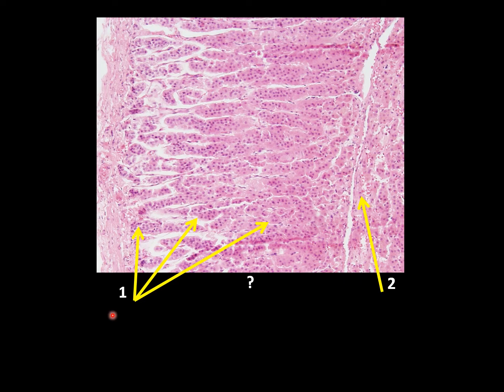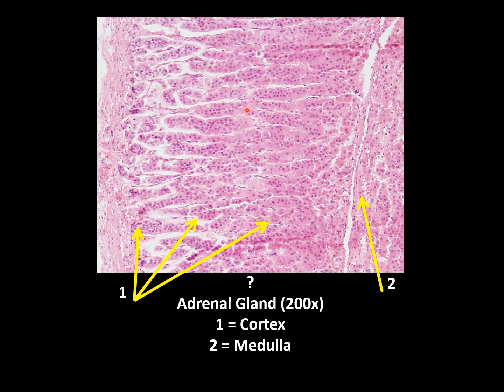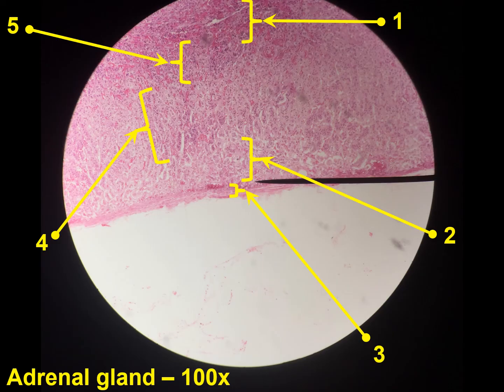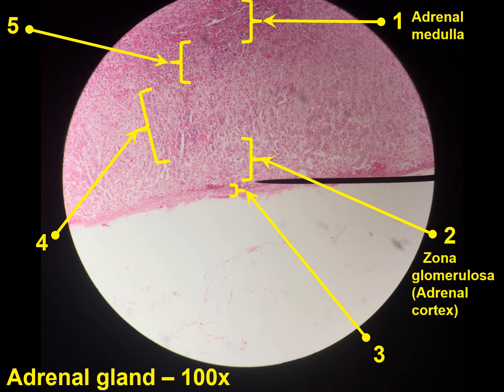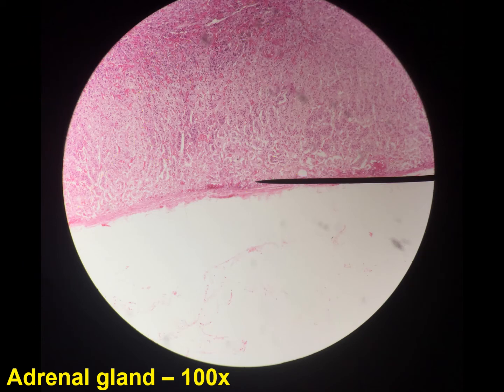This is yet another section that shows us the adrenal gland, and we can see that this area represents the adrenal cortex, and this represents the adrenal medulla. And this is just yet another photomicrograph showing us the different regions of the adrenal gland.